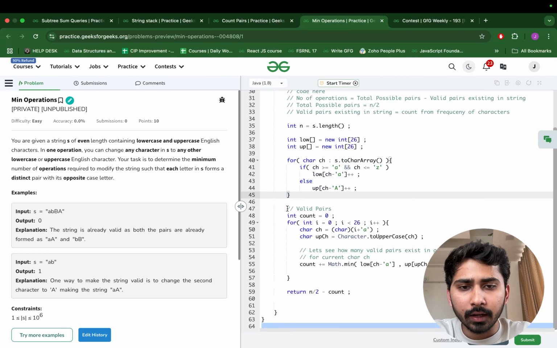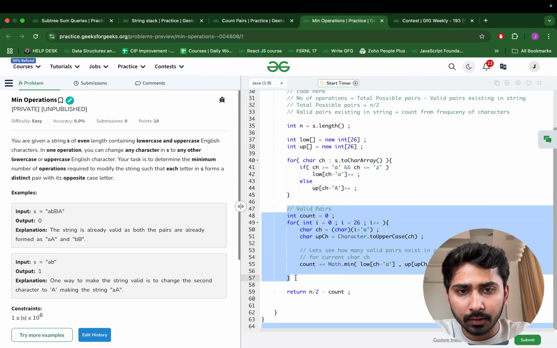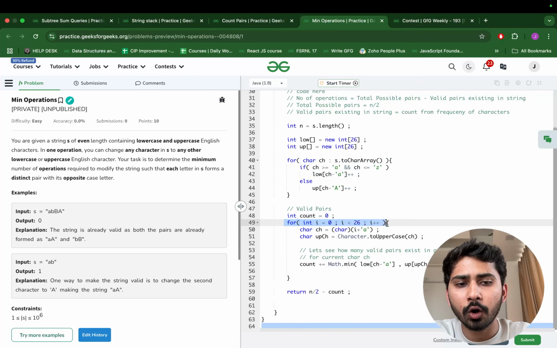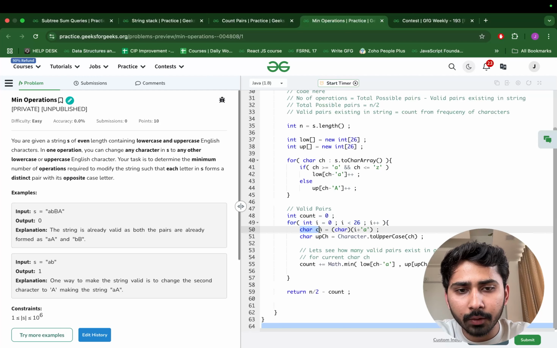Then I'm interested in counting the valid pairs, so for counting them I have used a variable called count. Now I'm iterating over all the possible lowercase characters. I'm converting this index into a character by adding the ASCII value of lowercase a. So I'll get a character.